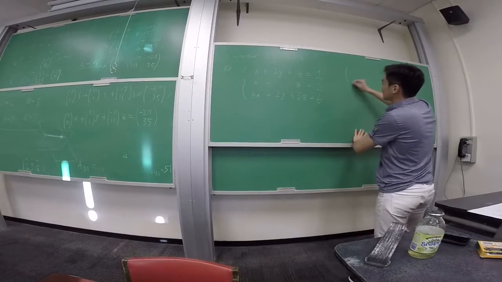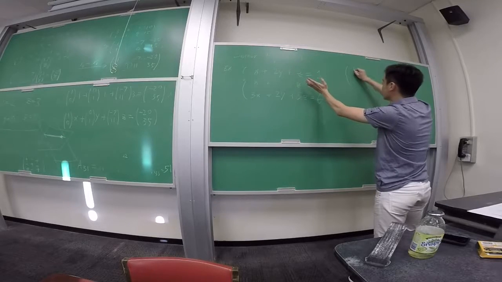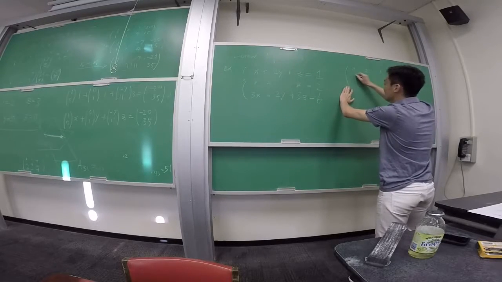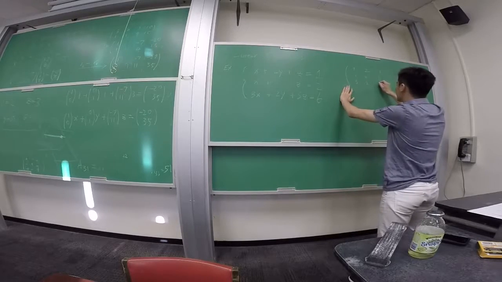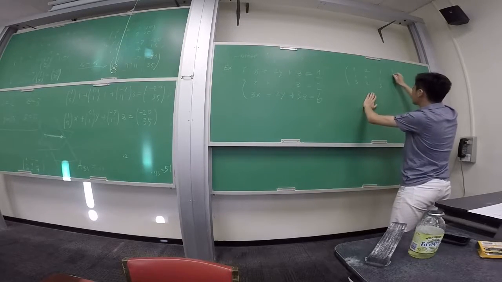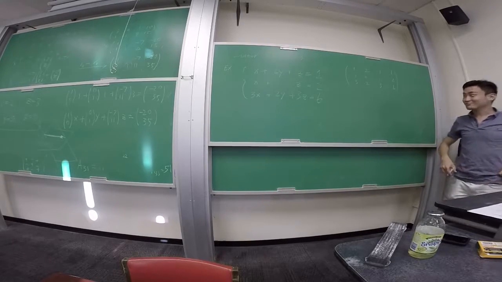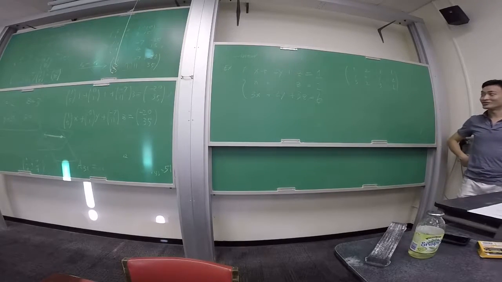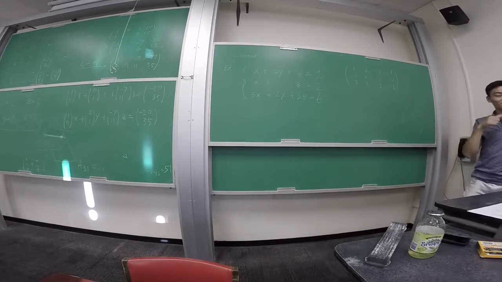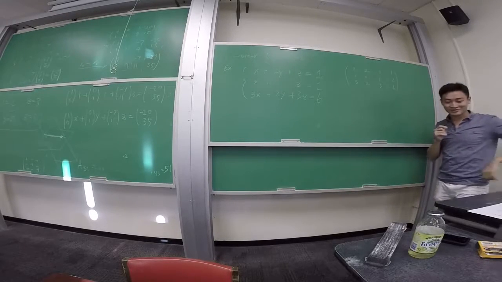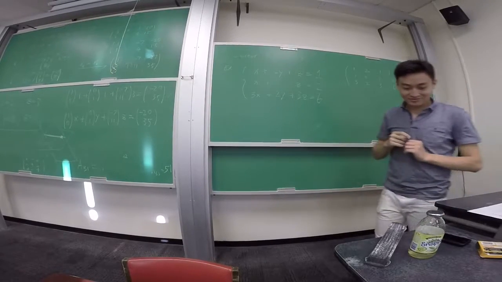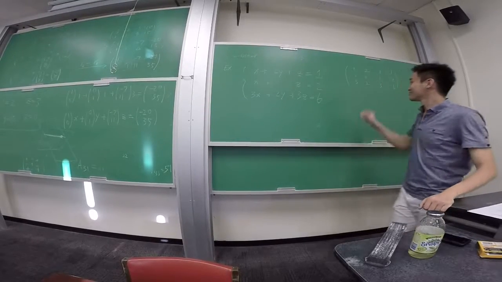The thing you write here is all the coefficients: 1, 2, 1; 1, 0, 1; and 3, 2, 3, together with 1, 2, 6, right? What is the first thing you want to do to reduce that to reduced row echelon form? Suggestions?